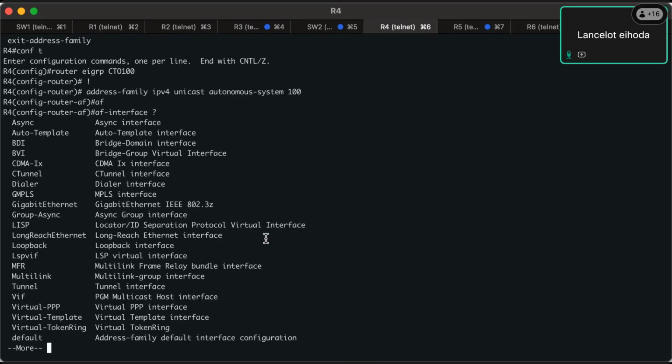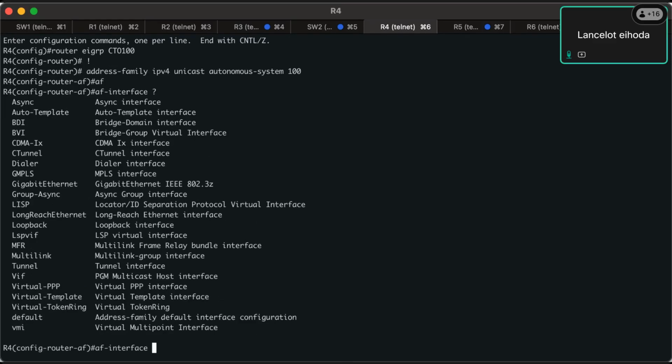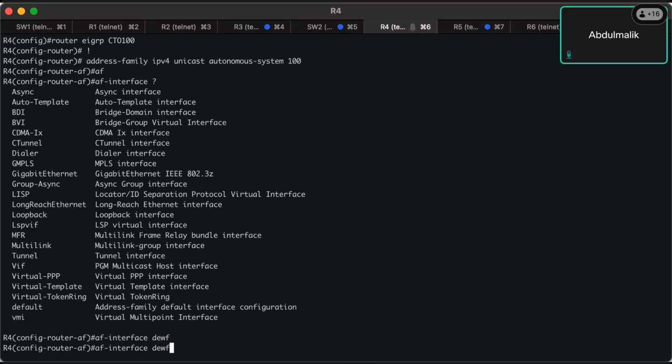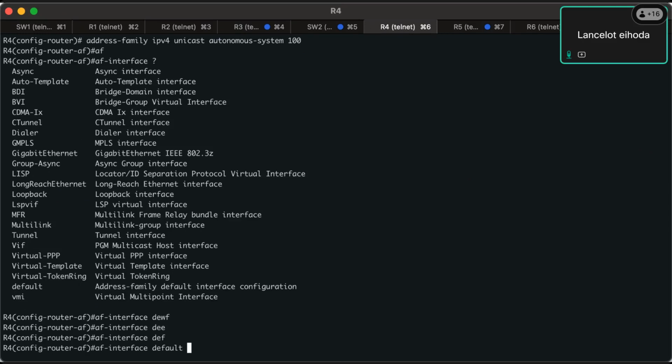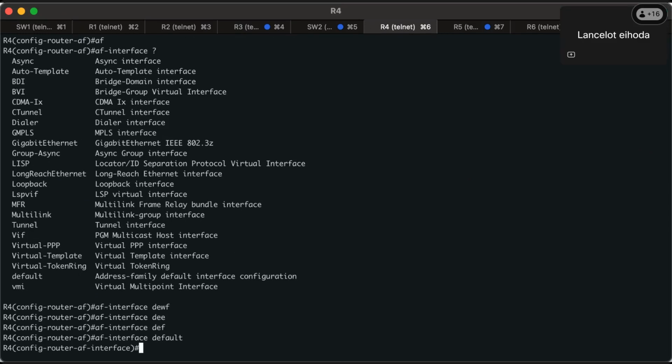So now we can pick the address or we can do the default. Remember the question says this should apply to existing and future interfaces, yes? Yes. So to the default, which is all of the interfaces, that is where we are supposed to apply it, yes? That's every interface under that address family, right?